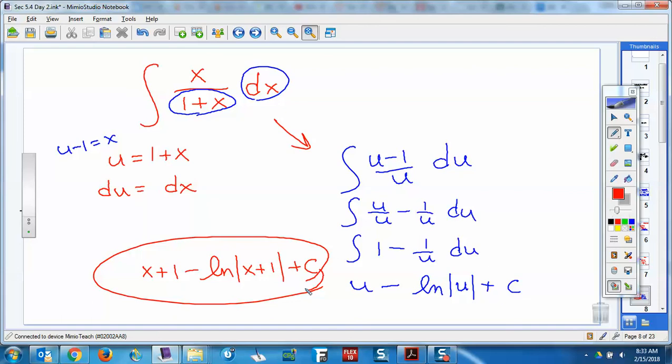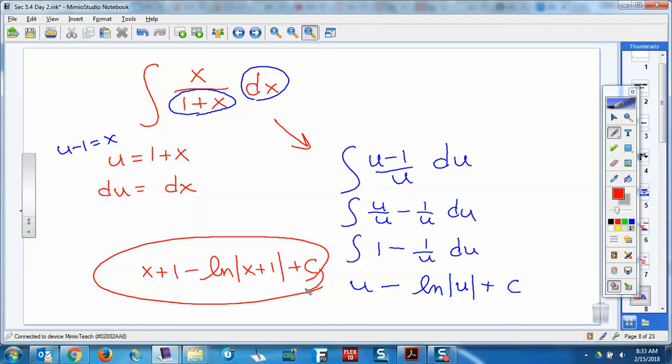Well, plus c could be anything, but you're on the right track. What happened to the 1? What's 1 plus c? It's just another constant. So what can we call it? D? No, we just call it c.